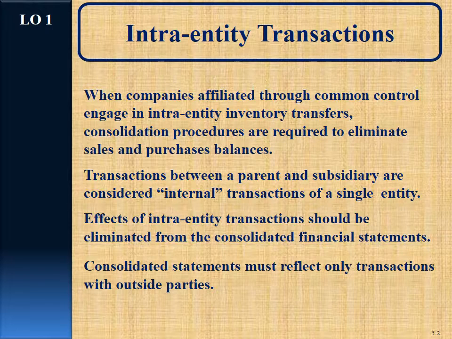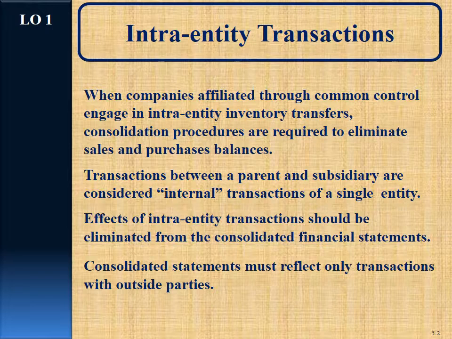So the point of this is we need to eliminate those types of transactions among the parent and the subsidiary so we don't count that sale twice. And furthermore, so that we only really truly record the gross profit related to the ultimate sale to an outside party. And that's the guts of this.